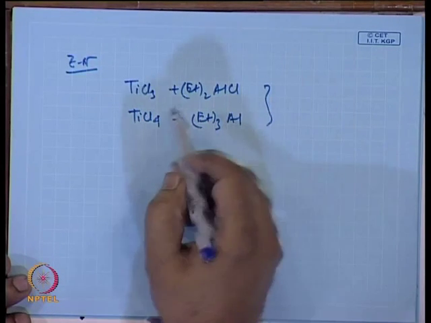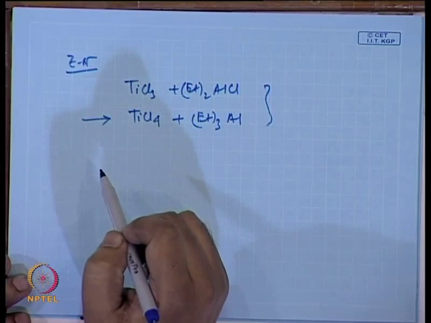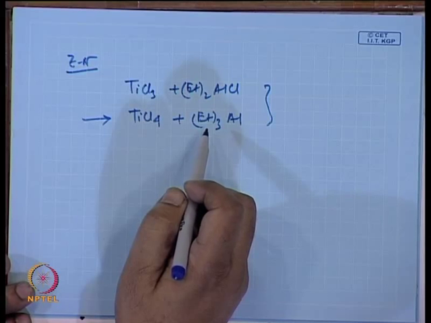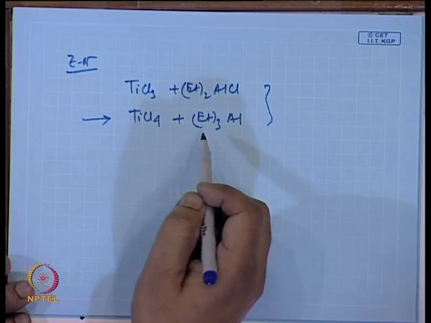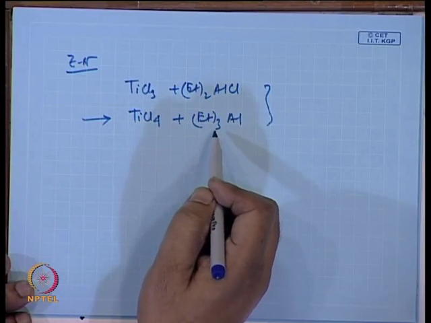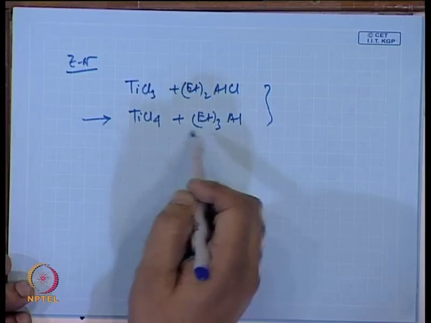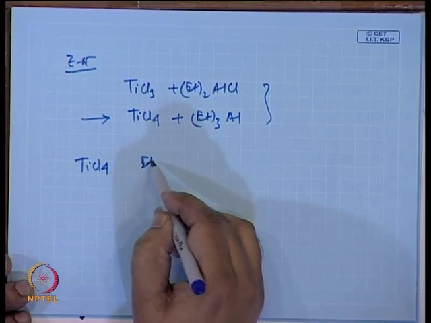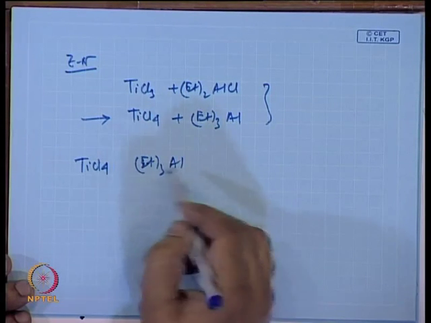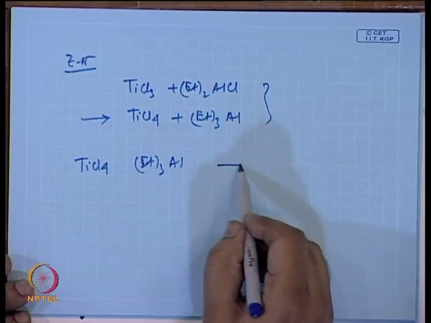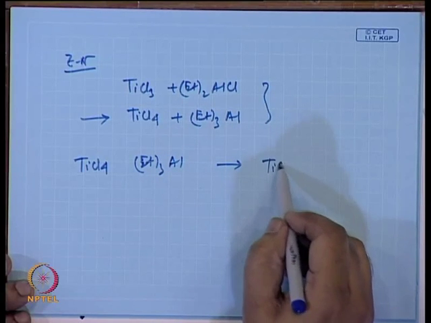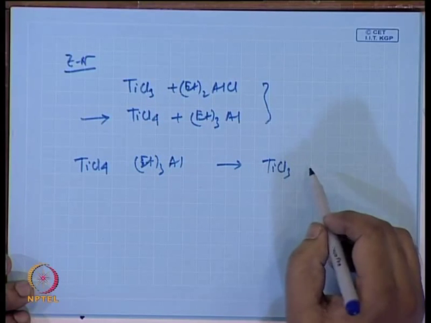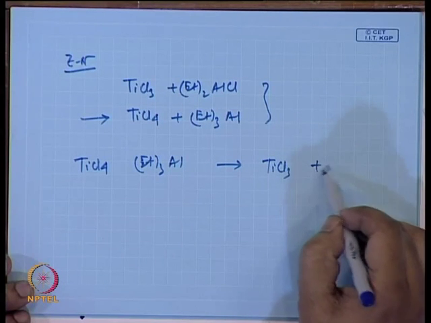This is the original catalyst combination used by Ziegler. What happened when TiCl4 and triethyl aluminum are taken in a non-polar solvent and mixed? It produces titanium trichloride.